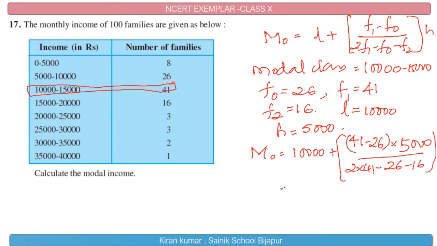After simplification we'll get 11,875 per month. This will be the modal income.